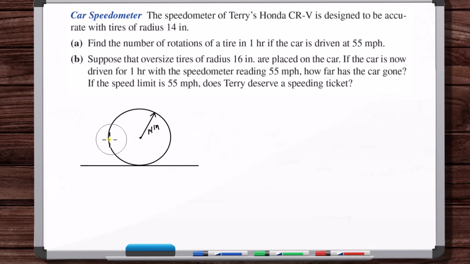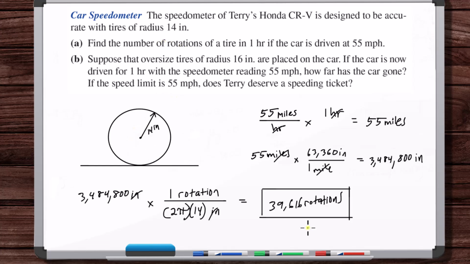All right, well, the tire radius is now 16 inches. And the key here is to realize that the total angular rotation of the first question is going to be the same here. So let's come back and get this.